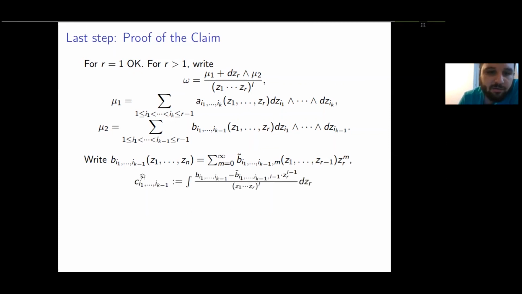And now consider these holomorphic functions being the primitive of these b functions minus the part that might give some residue, right? So we remove the term of this power series corresponding to l = -1, because once we divide this by this polar part, this part will give some residue.